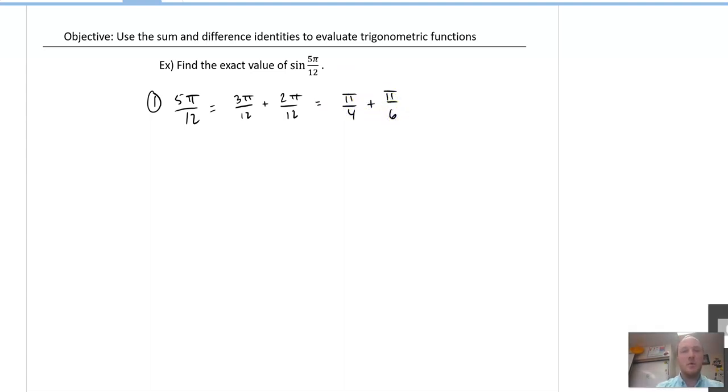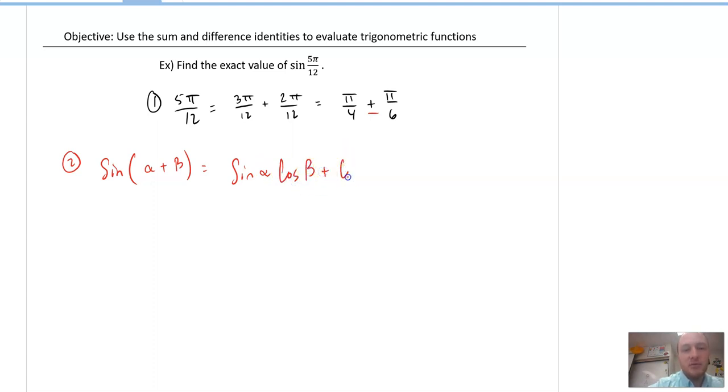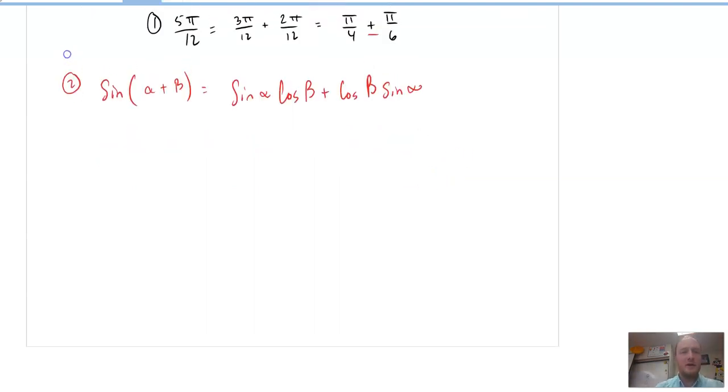So what identity am I going to use? Well, I want to find sine, and I'm adding, so sine of alpha plus beta is going to be my identity. Sine of alpha times cosine beta plus cosine alpha times sine beta. Now go ahead and substitute in the values.